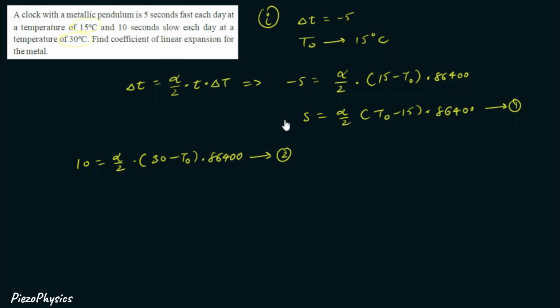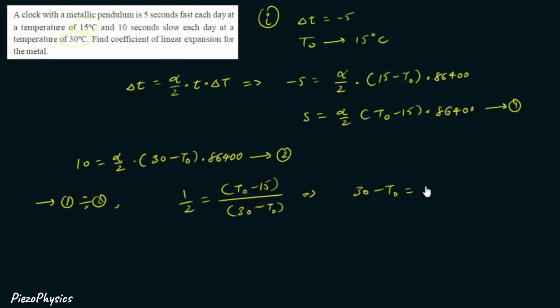Now if we divide both the equations, we will have 1 by 2 equals T naught minus 15 divided by 30 minus T naught. So 30 minus T naught will be equal to 2 T naught minus 30. So here we will have 3 T naught equals 60 degrees Celsius. So T naught will be 20 degrees Celsius.